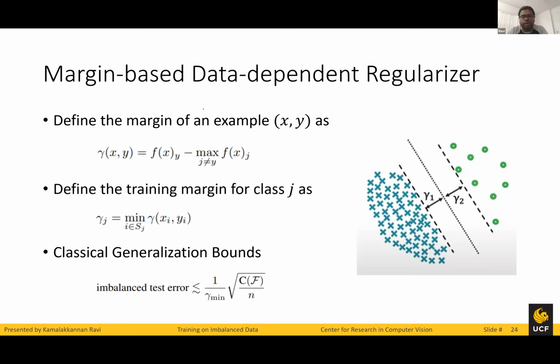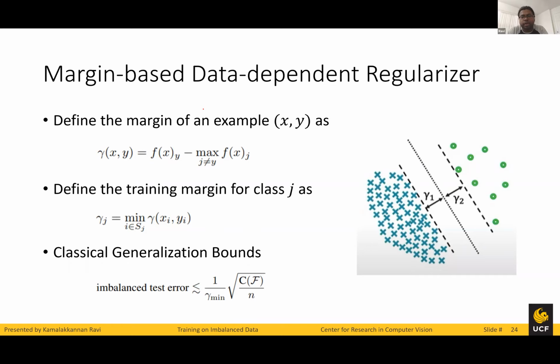It's usually defined as imbalanced test error, which is less than or almost equivalent to the inverse of the minimum margin times the square root of the number of samples times the square root of a proper complexity measure for the hypothesis class that we are dealing with.